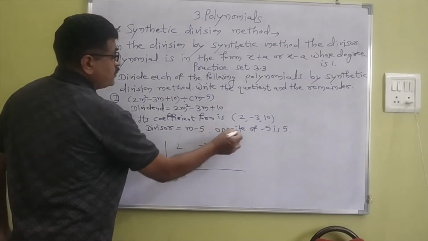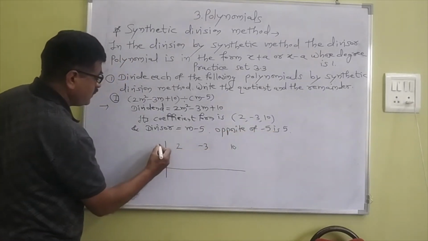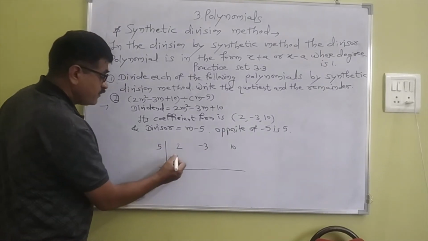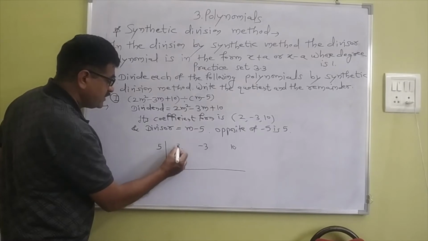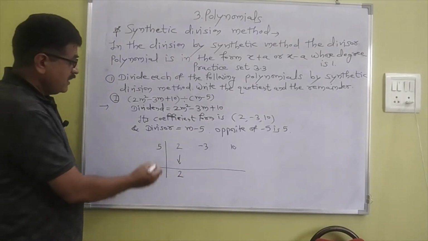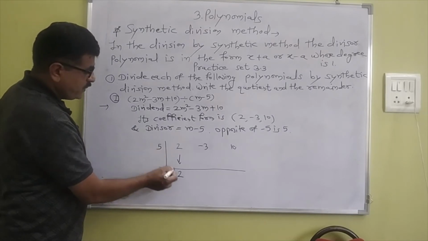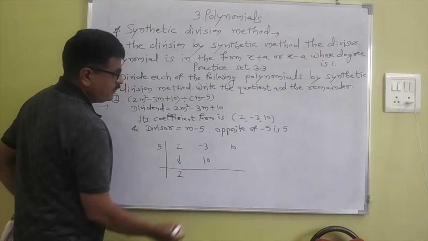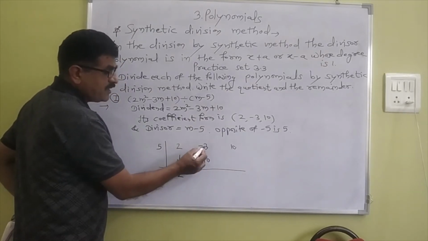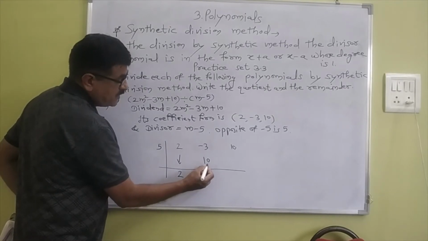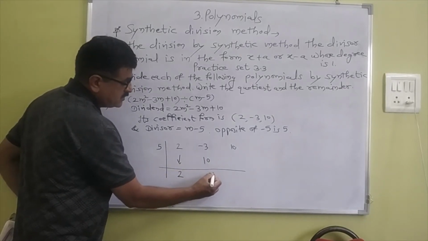Now the opposite of minus 5 is 5, therefore take 5 here. Now take the first term as it is, that is 2 as it is. Multiplication of these two, 5 into 2, 10. Write down 10 here. Plus 10 minus 3, the larger term is plus, therefore 10 minus 3 is 7.